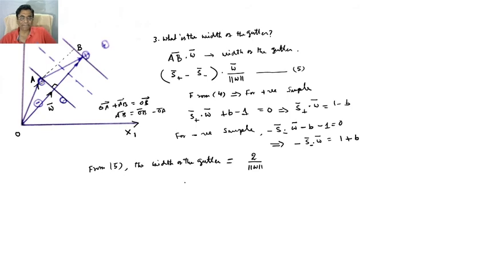What is the objective function? The width of the gutter is to be maximum. So our objective is to maximize 2 by the norm of w. That means minimize the norm of w.